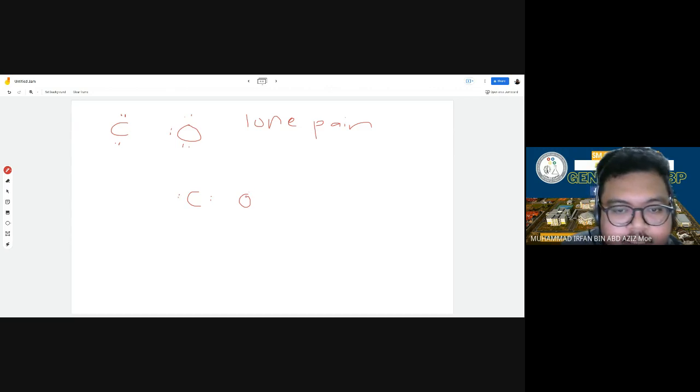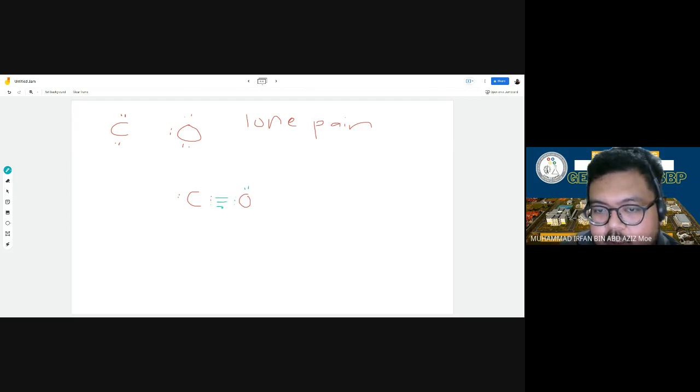And then O ni, O have 6. Another pair dia akan satu dekat sini, dia share juga. So kadang-kadang C ni can accept, walaupun C ni have 2 pairs ni, dia akan share jugalah dengan oksigen ni. Little bit confusing.